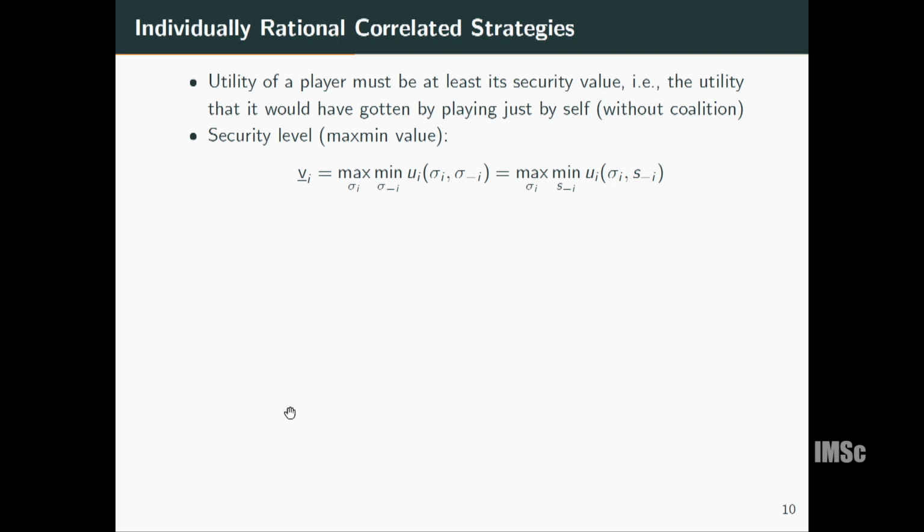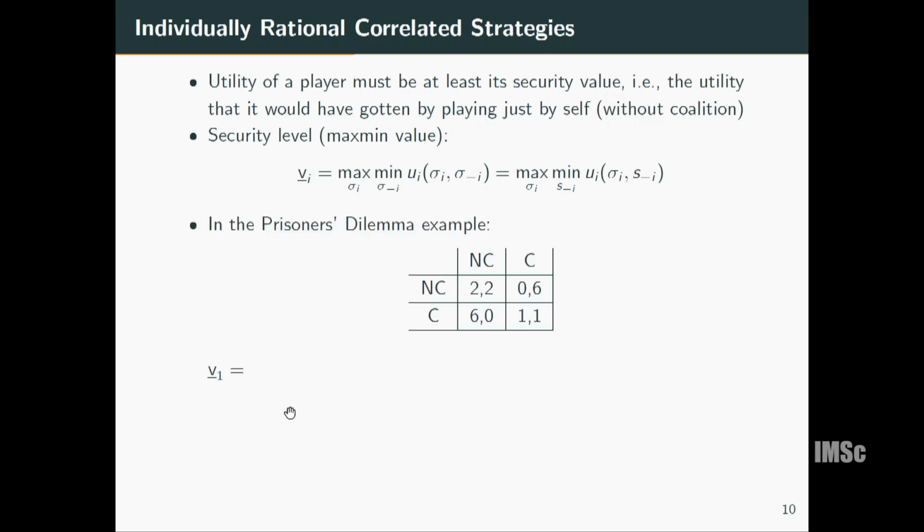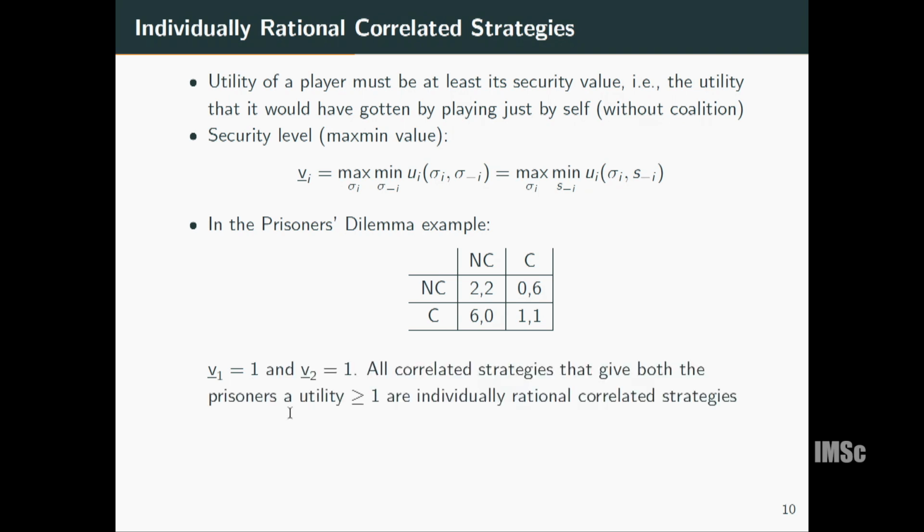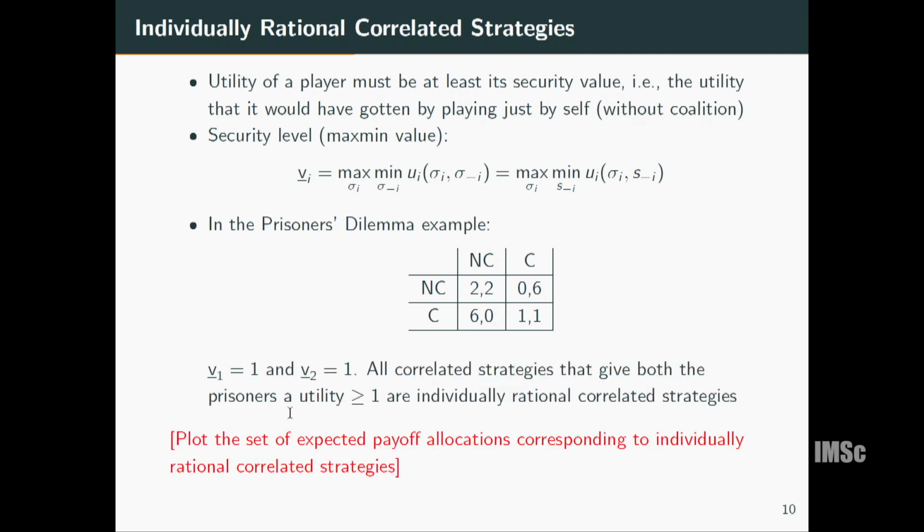And this leads to the definition of individually rational correlated strategies. So all those correlated strategies where the utility is at least 1, because 1 is the security value of the agent here, again a homework, will be an individually rational correlated strategy. Make sense?